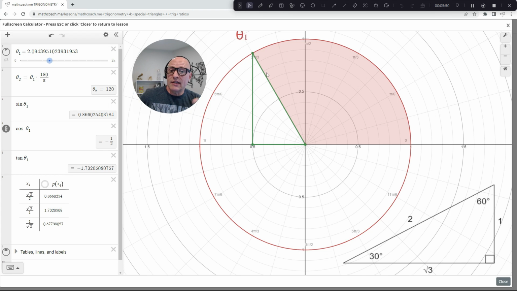What we're going to find is that for every angle beyond 90 degrees, the reference angle is used. The reference angle is the one that is adjacent to the x-axis. So for 120 degrees, this is our reference angle, 60 degrees. And that's why we can read the cosine of 60 degrees is 1 over 2.